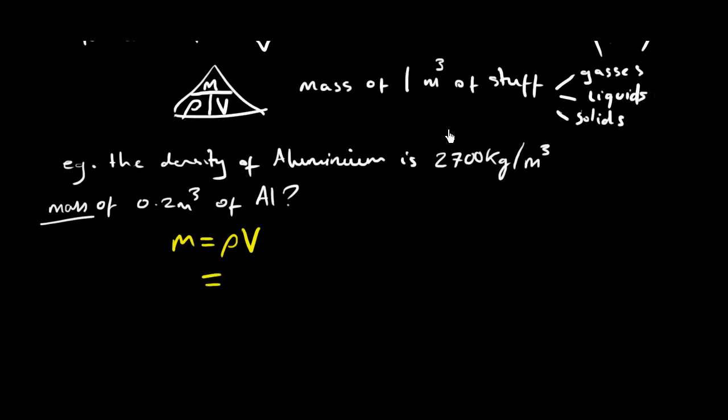Rho is the density, and here they're giving us the density in the appropriate units, kilograms per meter cubed, so we can just write 2,700, and that's for every meter cubed. But here we don't have a whole meter cubed, we have 0.2 meters cubed, so we multiply those two together, and if you try that in your calculator, you should get 540 kilograms.